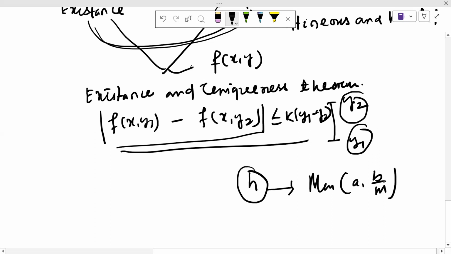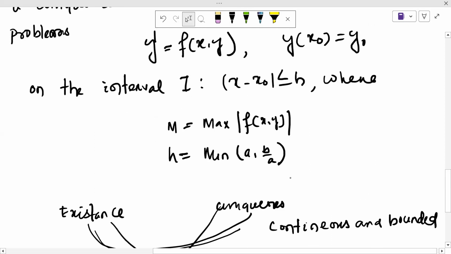Previously I described it as a, but that is not a, that is M. Our objective in this theorem is to compute the minimum of a comma b by M, where M is already defined as the maximum value of the modulus of the function.